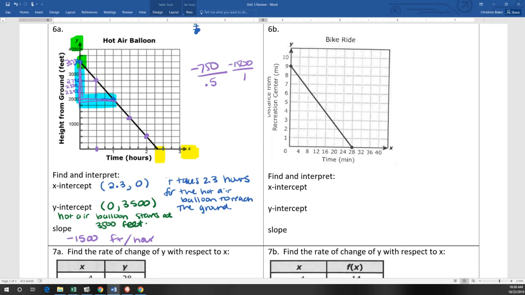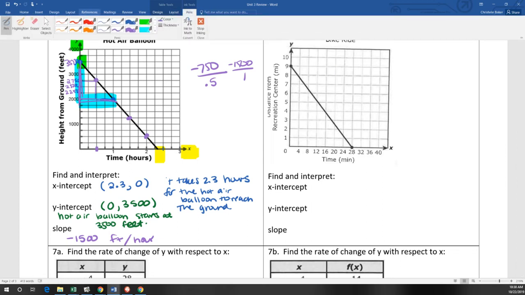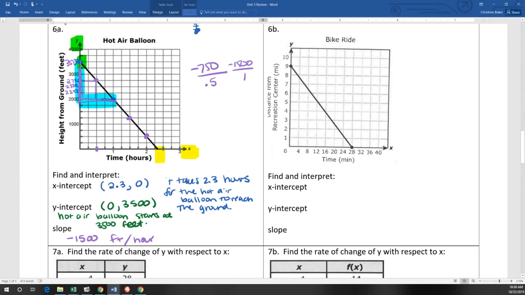Okay, bike ride. So again, we see we have a negative slope, and our bike ride distance from the rec center. So we're getting closer to the rec center as we go. So our x-intercept is 28, 0 right here, and our y-intercept is 0, 9.